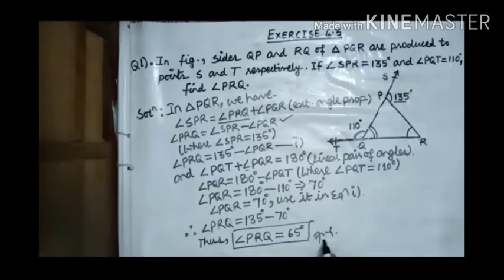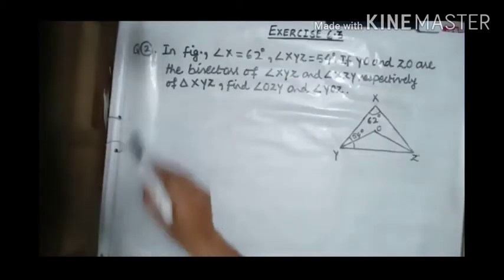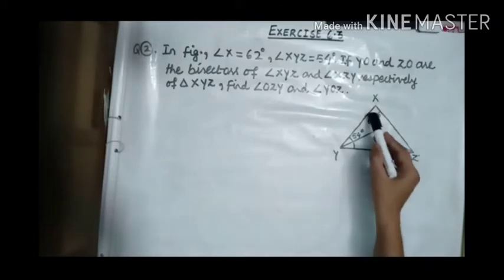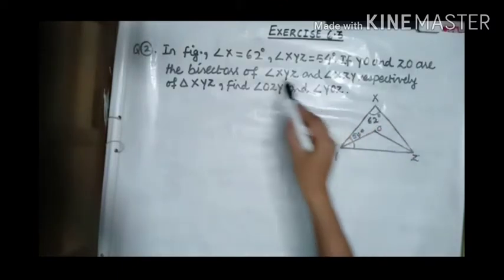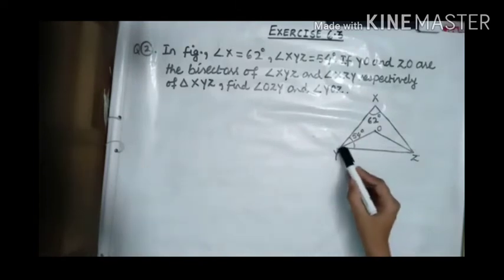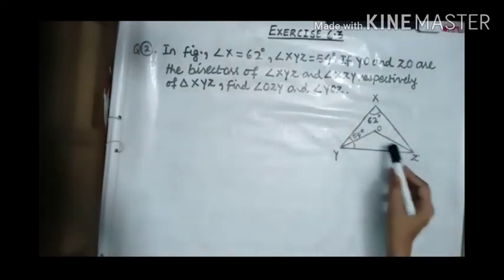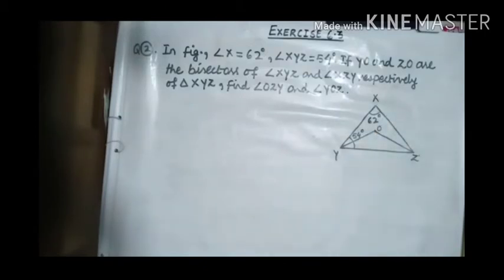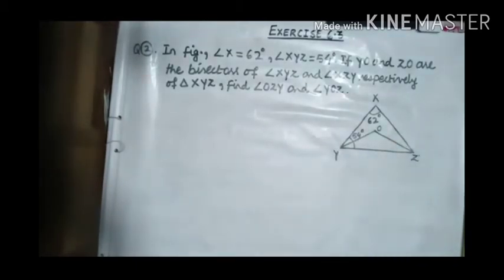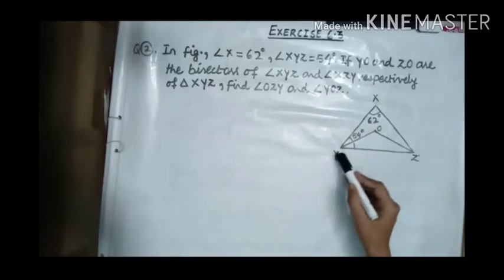That's the required answer. In question number 2, we are given a figure in which the value of angle X is 62 degrees, that of angle XYZ is 54 degrees, and YO bisects the angle XYZ, ZO bisects the angle XZY. For such a case, we have to find the value of angle OZY and angle YOZ.